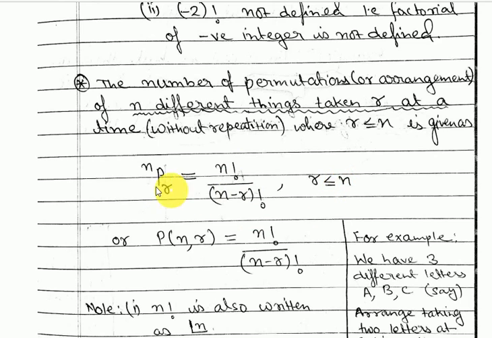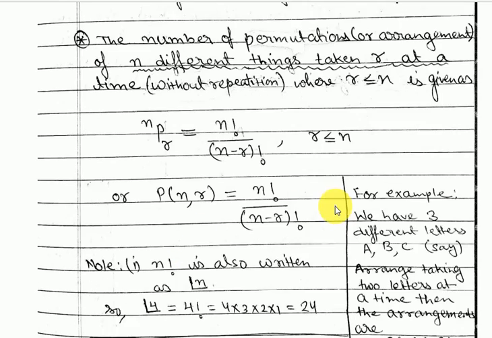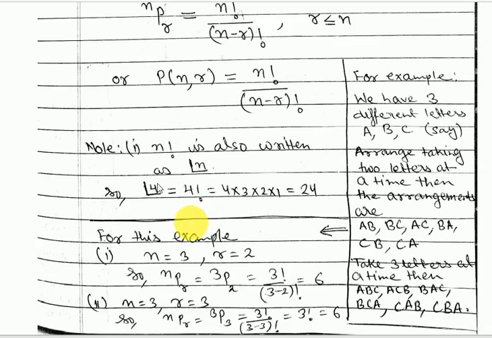Sometimes nPr is also written in this manner, P(n, r). Factorial n is also written as this. We had also seen it before when we were doing the binomial theorem.